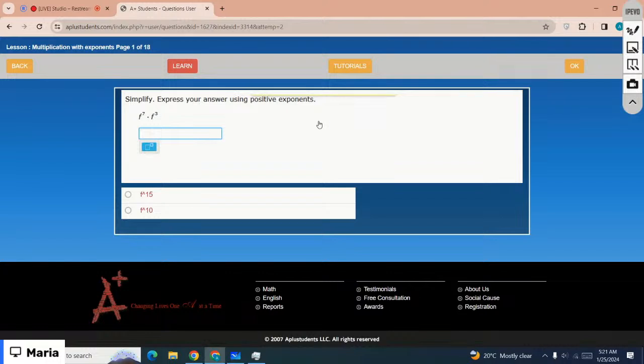Yes, they have the same base. You need to add their exponents. Then option number 2 is the correct option.